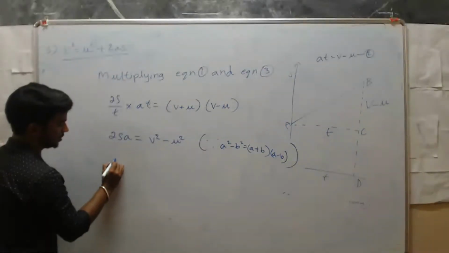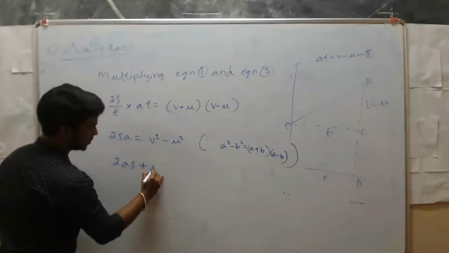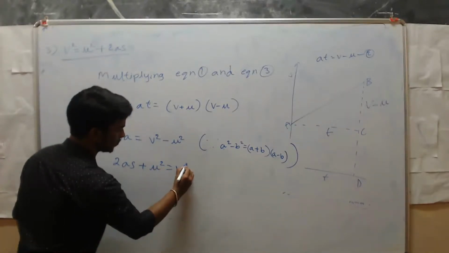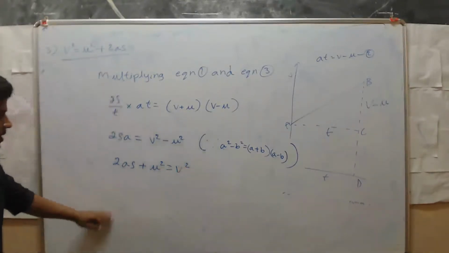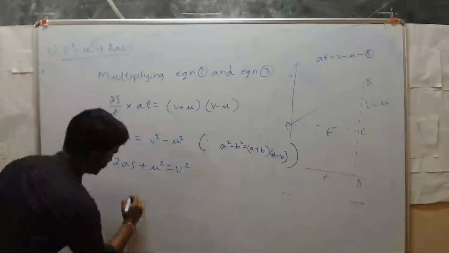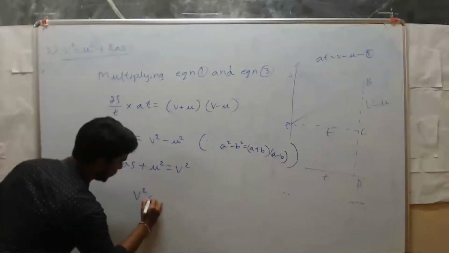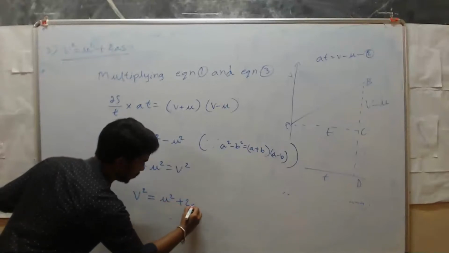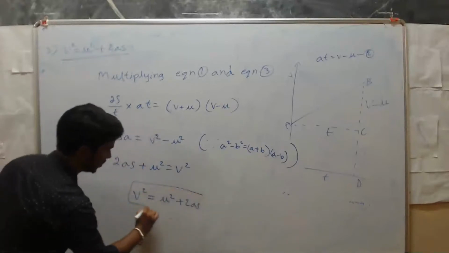So we can write 2AS equals V square minus U square, and plus U square, V square. Finally we can write this expression as V square equals U square plus 2AS.